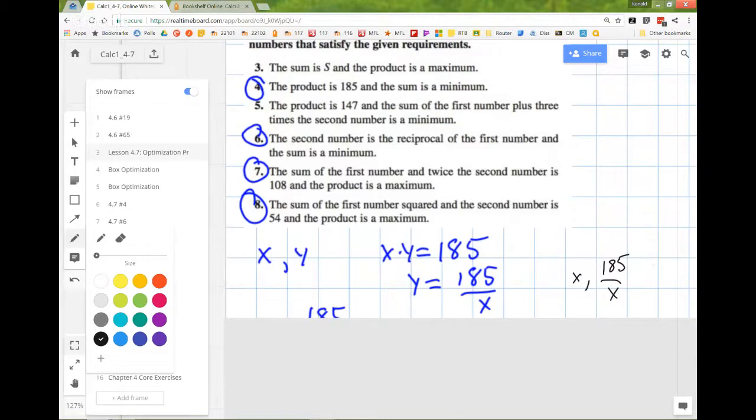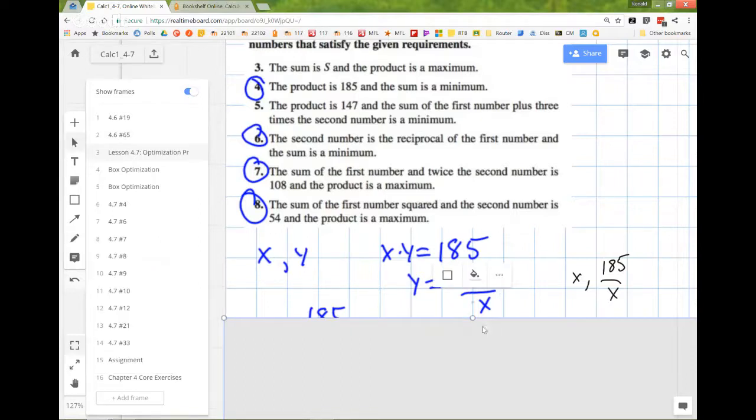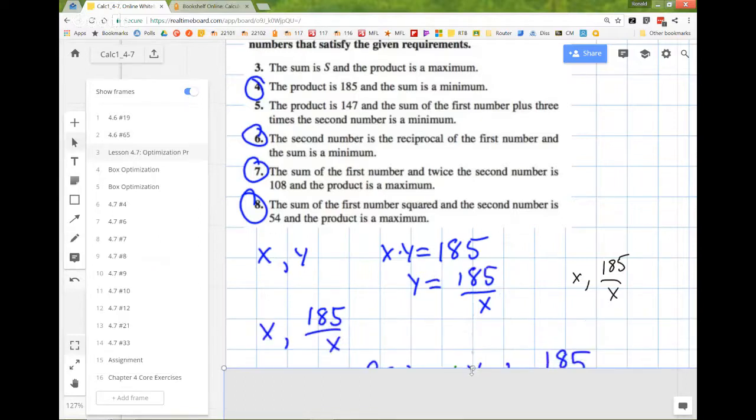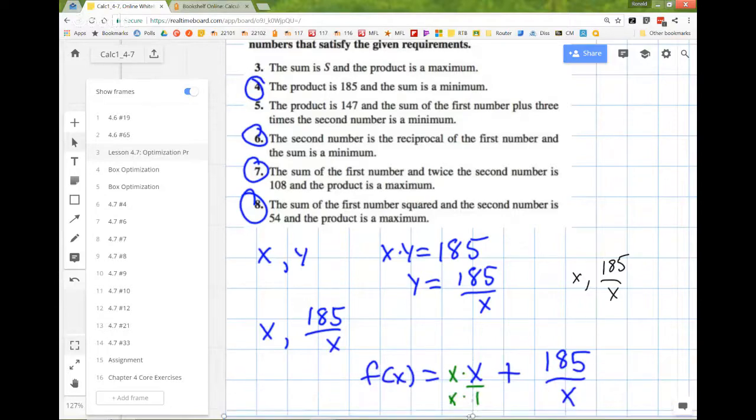Now that we've redefined that, go to the problem, and the problem says their sum is a minimum. So we've got to add them up. So here I add them up.